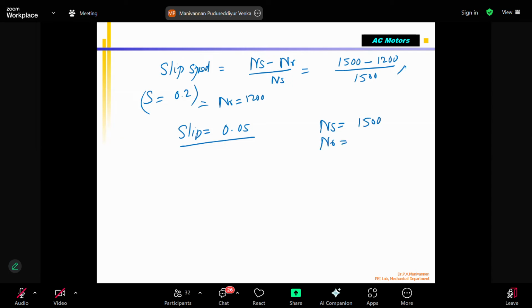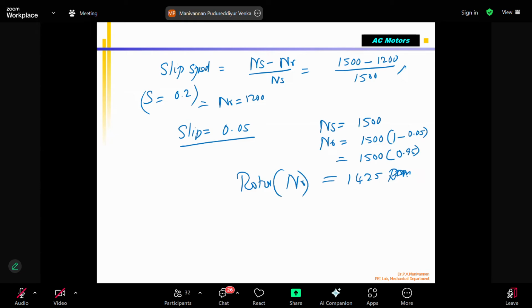The NR is going to be 1500 into 1 minus 0.05, which is 1500 into 0.95, and this is going to be NR, the rotor speed. Our motor speed is going to be 1425 RPM.